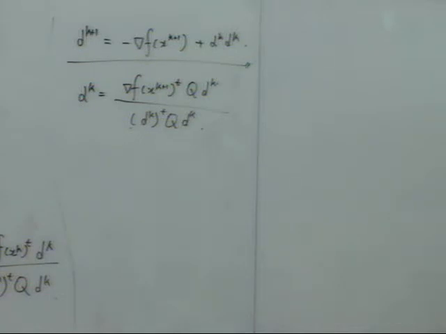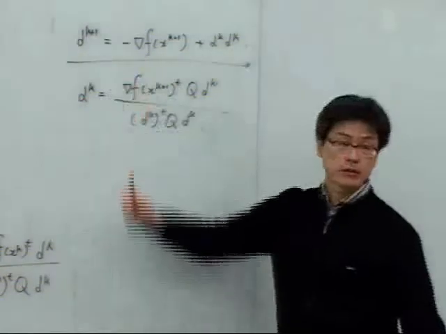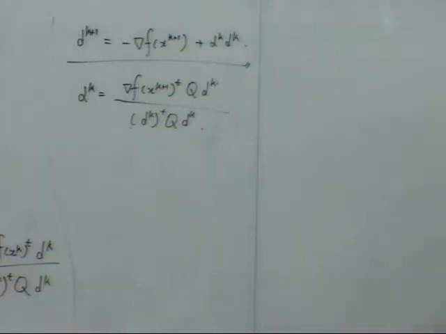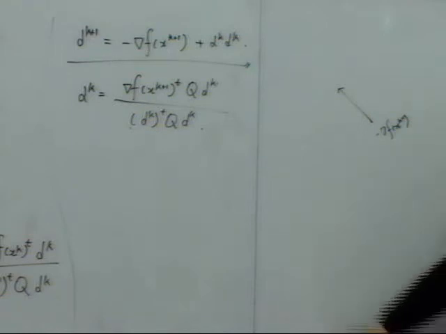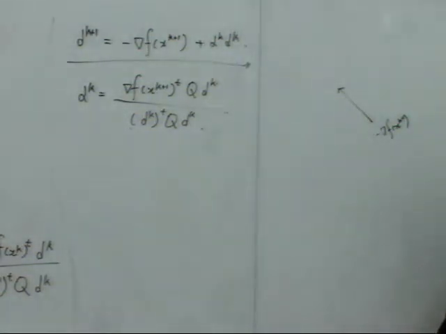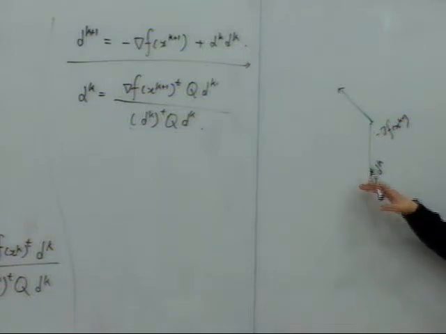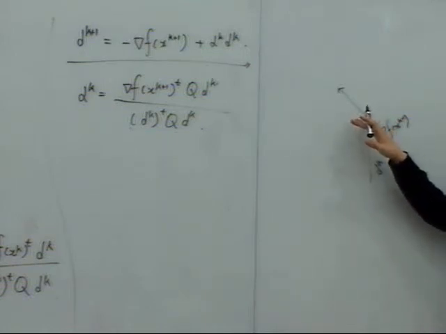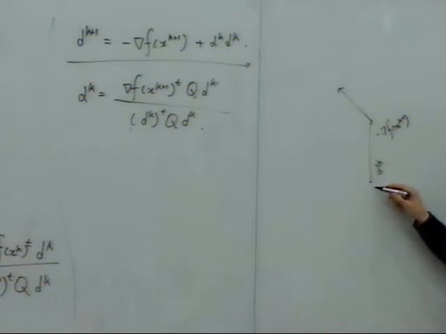This form is very similar to the steepest descent algorithm, but now it is about this direction. For example, if this is your steepest descent direction at this point, and let's say this is your dk direction, you follow this dk direction to reach here, since this is xk.